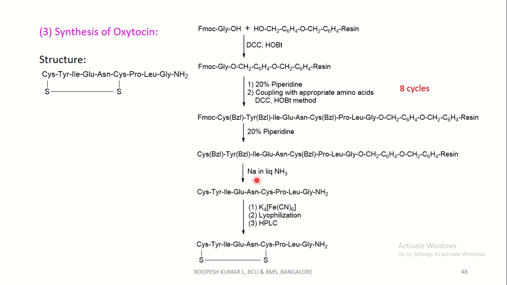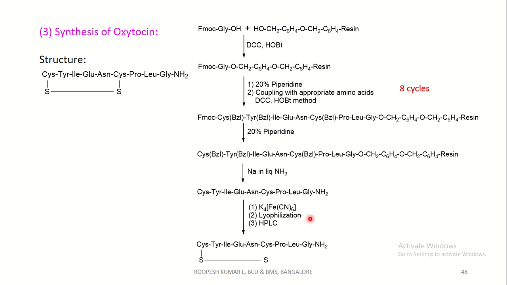This on treatment with sodium in liquid ammonia deprotects the benzyl group which is present in the side chains of the cysteine and tyrosine. Gives an octapeptide. This on oxidation with potassium ferricyanide gives a disulfide bond between 2 cysteines.